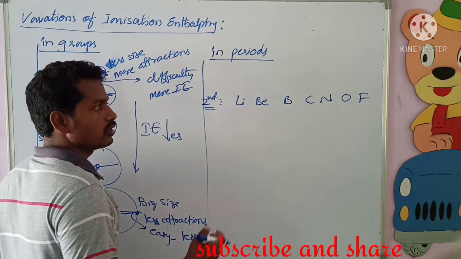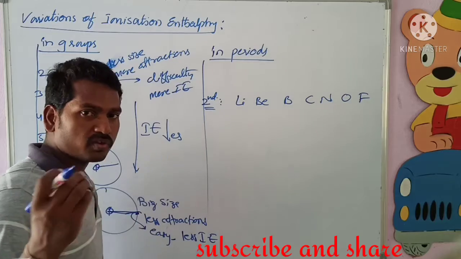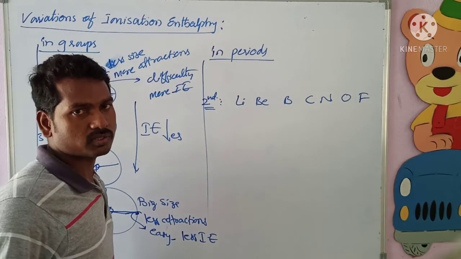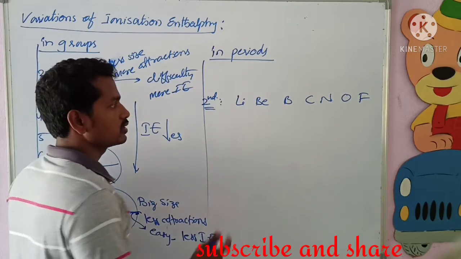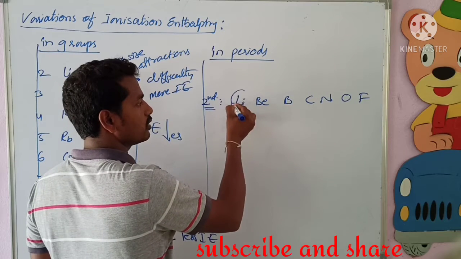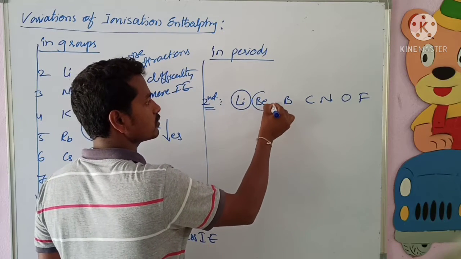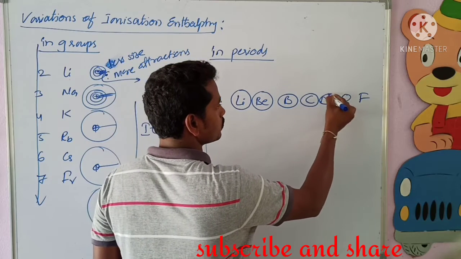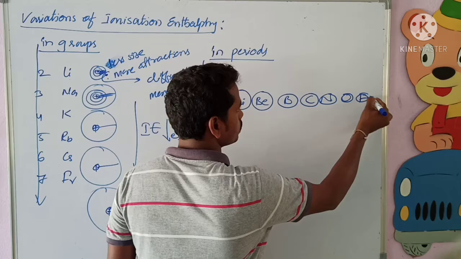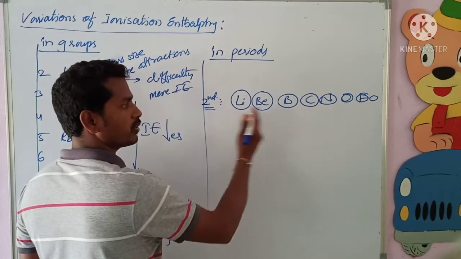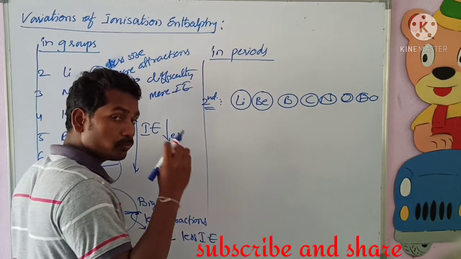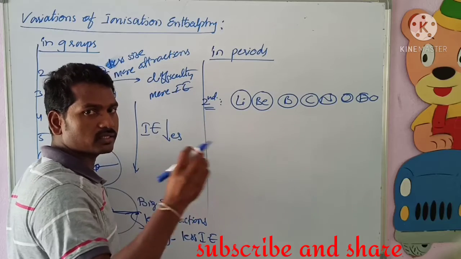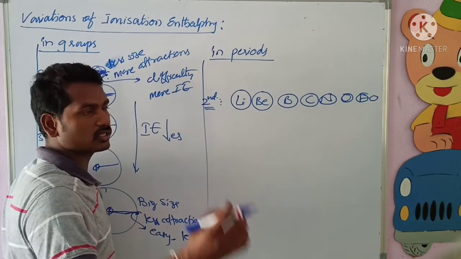In that, from left to right, according to our previous atomic size concept, size decreases. In periods, from left to right, size decreases.